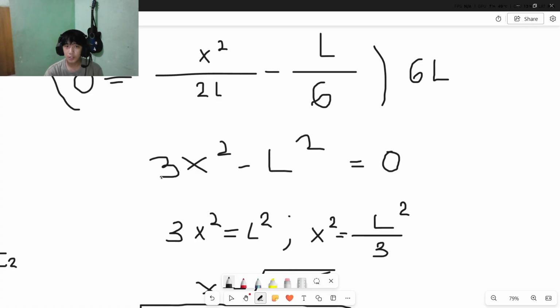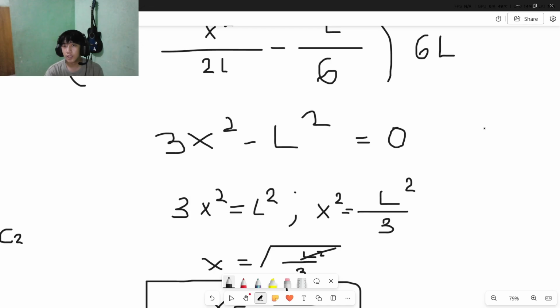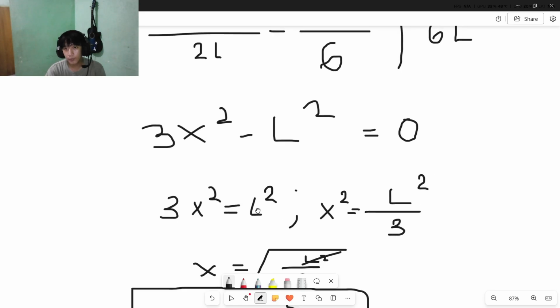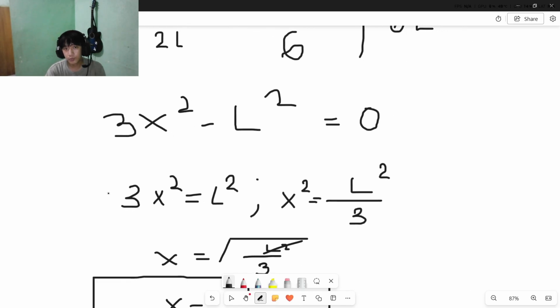Then we get that 3x squared minus L squared is equal to 0. Then we equate that, and we get 3x squared equals L squared. So to get our x squared, we divide both sides by 3.